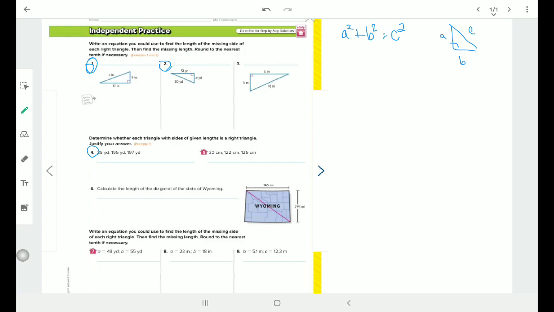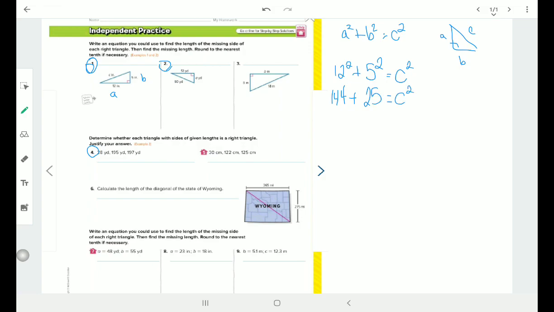Maybe I want to make a 12, and I want to make b 5. In that case, then 12 squared plus 5 squared, and we don't know what c is. That's our missing piece, so we're just going to leave it as c. So 12 squared is 144, plus 5 squared is 25, and that's going to equal c squared.